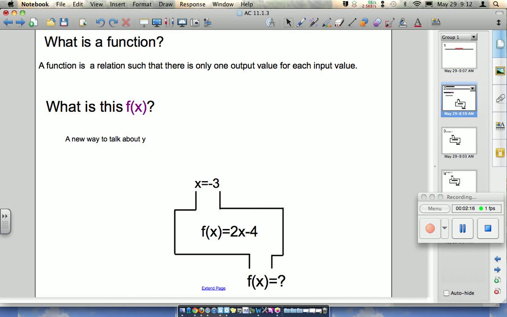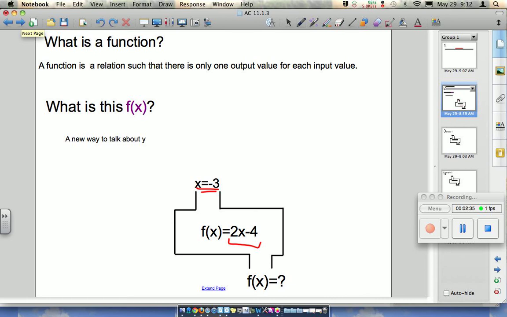So x equals -3. So remember, this is our function relation machine, and where it says x is -3, that means I'm going to input -3 into this function right here. So I'm going to take -3 and I'm going to plug it in. And I'm going to find f of x at that point.